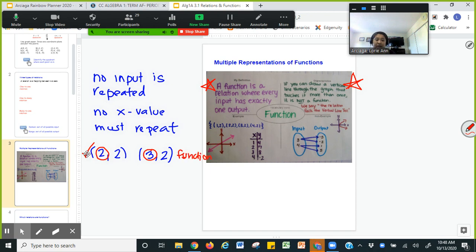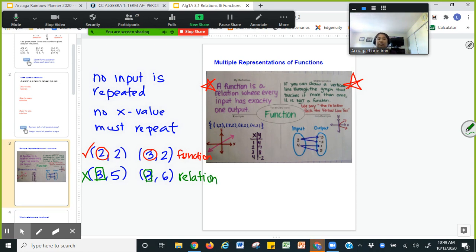All right, but if you have something like 3, 5, and 3, 6, oh, look at that. This is an x, this is also an x. So a function or a relation becomes a function when no x value is repeating. So if you repeat 3 as an x, then this is not a function. So if it's not a function, we only call it a relation.